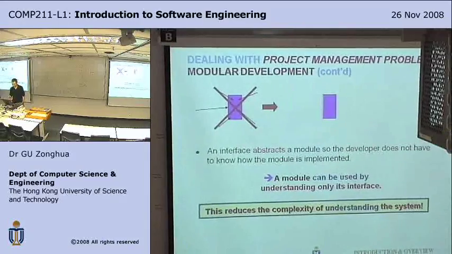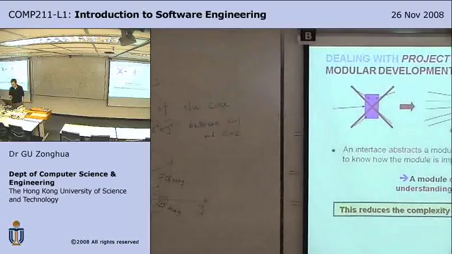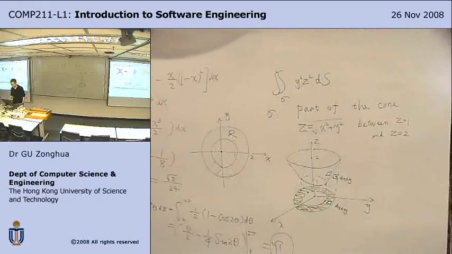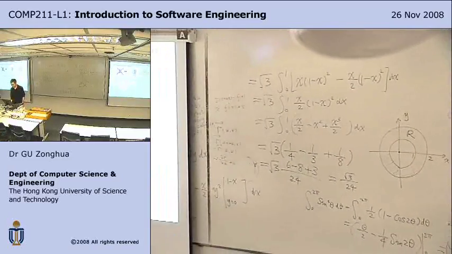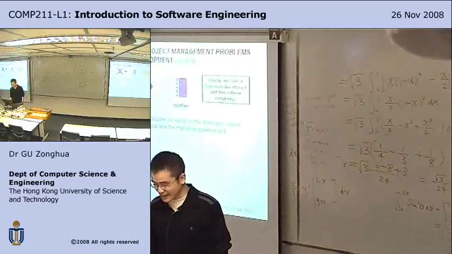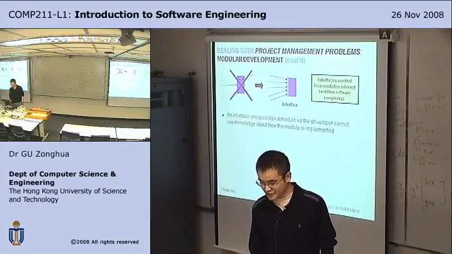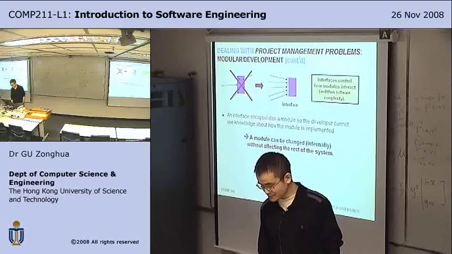Instead of other modules calling into this module's code anywhere, you impose the interface so the other modules can only see the interface. So the interface encapsulates a module, so the developer cannot use knowledge about how the module is implemented. So you can change the module without affecting the rest of the system.